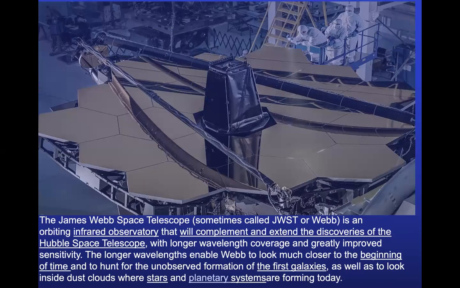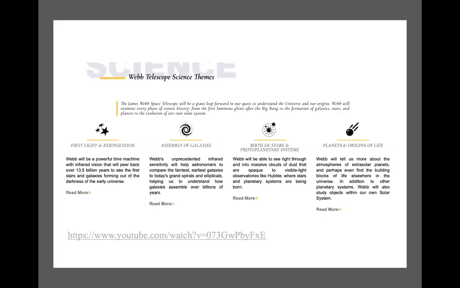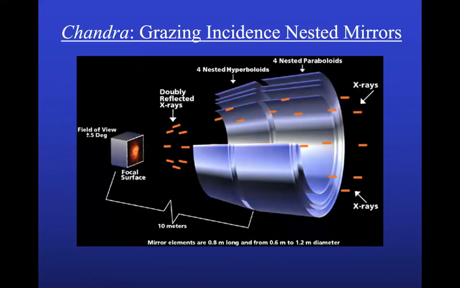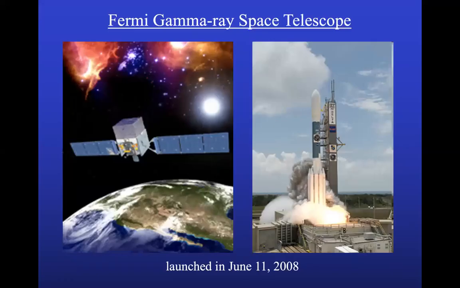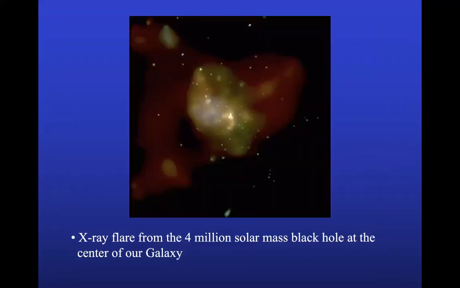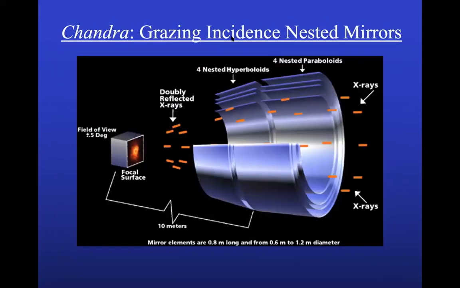This is the replacement of the Hubble, which will most probably start its observations towards the end of this year. And a little bit about ultraviolet and X-ray astronomy. I will finish this next time, and this will complete the first part of my lecture series.